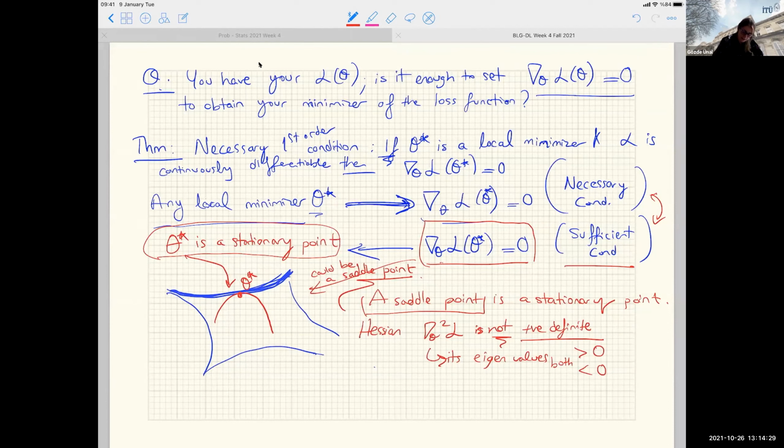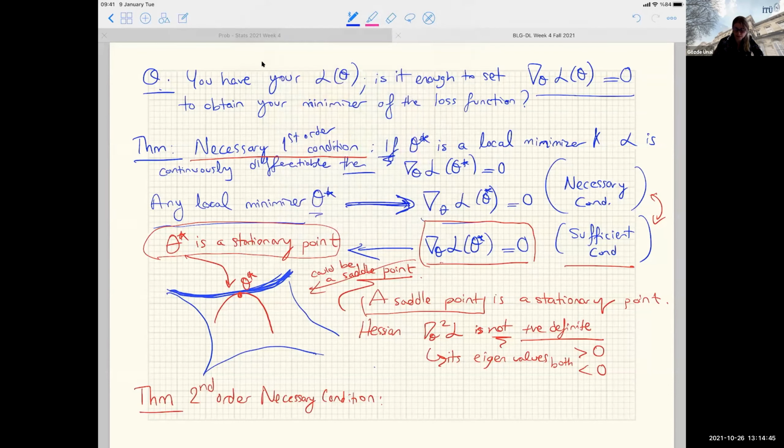So we need a second order necessary condition theorem. This was the first order condition; now the second order necessary condition. Let's see what this is.